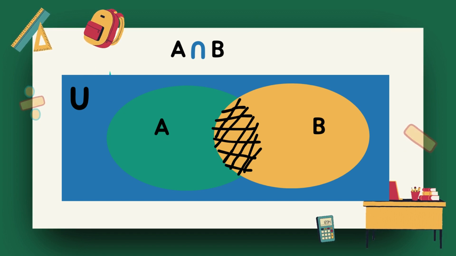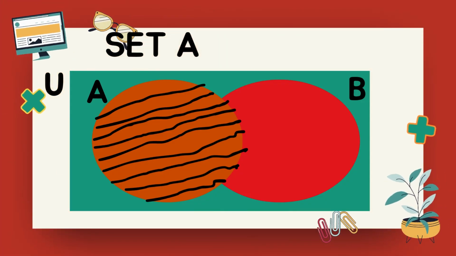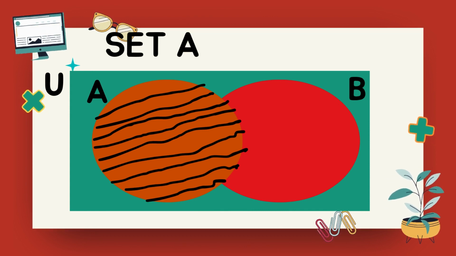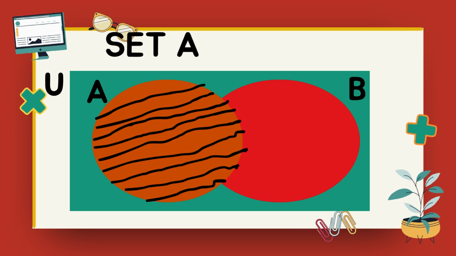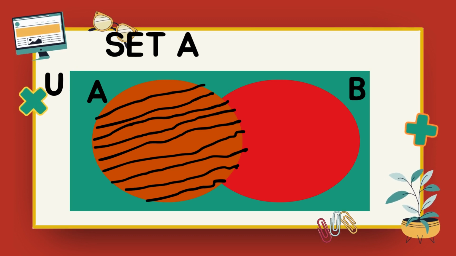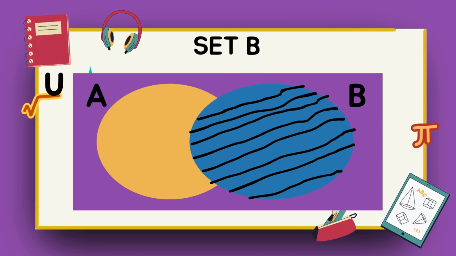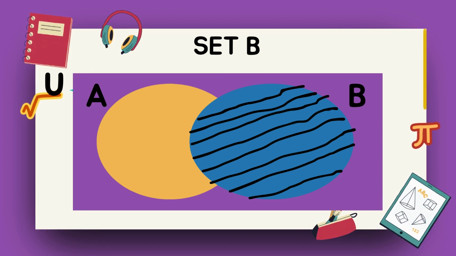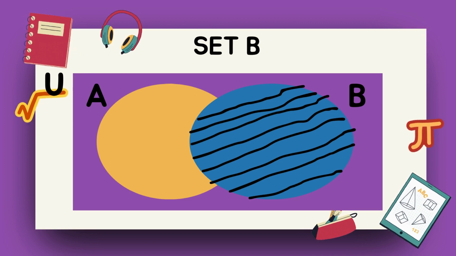Let's take a look at another set. Set A. So the shaded region indicates the elements of set A. So that is set A. Let's look at set B. So the shaded region represents the set B, with all the elements of set B represented by the shaded region.